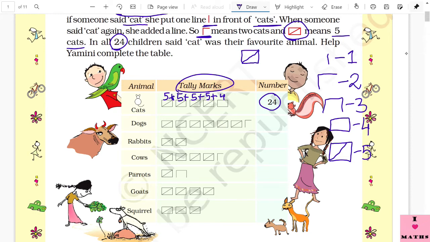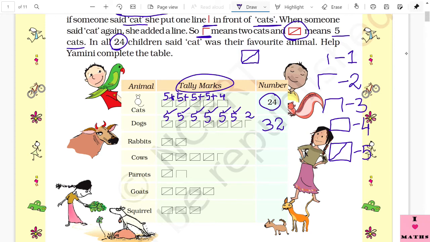Now we have to find out how many children liked dogs. This is 5, 5, 5, 5, 5, 5. And this is 2. So 5, 10, 15, 20, 25, 30 plus 2. So 32 children liked dogs.